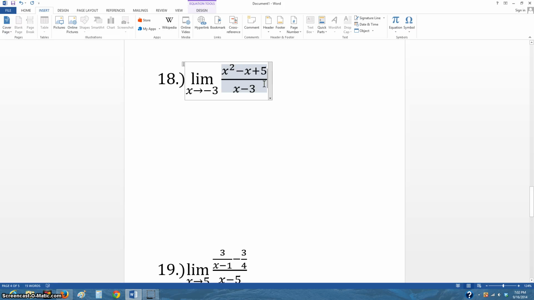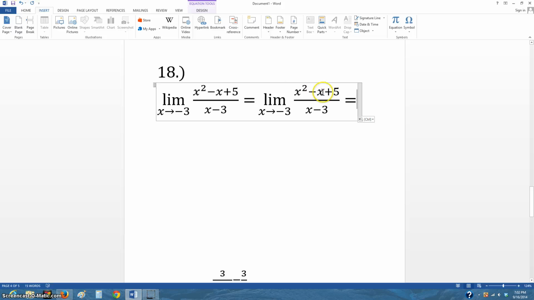So let's plug it in. For this one, I will have negative 3 squared minus a negative 3 plus 5 over negative 3 minus 3.